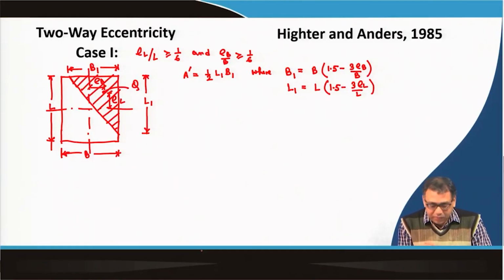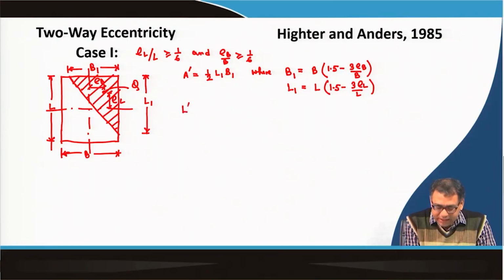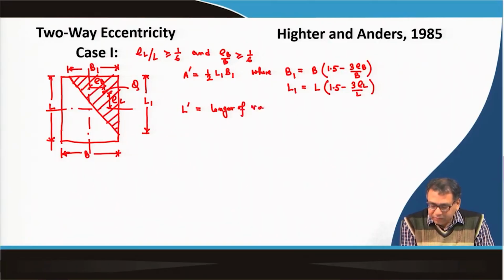Now the effective length L dash will be equal to the longer of the values B_1 or L_1.